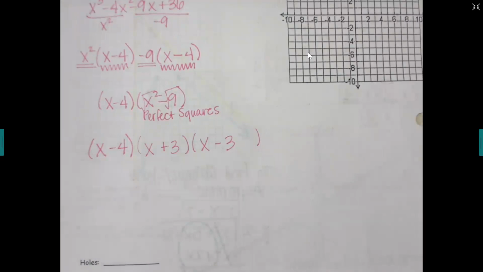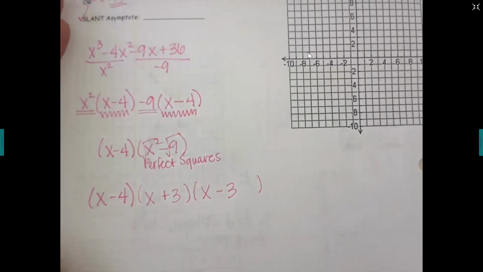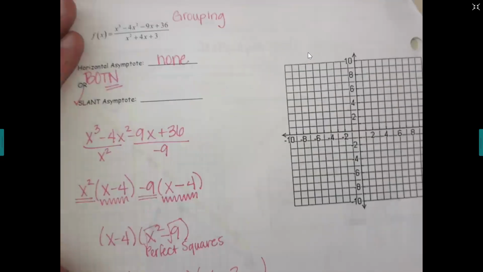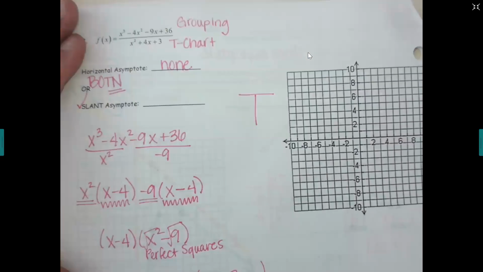Okay, go back up to your original. What was the bottom? GCF, perfect squares, or T-chart? Okay, can you do the T-chart for me, please? So I'm going to go up to the top and label it a T-chart. Okay, but then we'll have to come back down here in a second. So for my T-chart, 1 times 3 is 3.